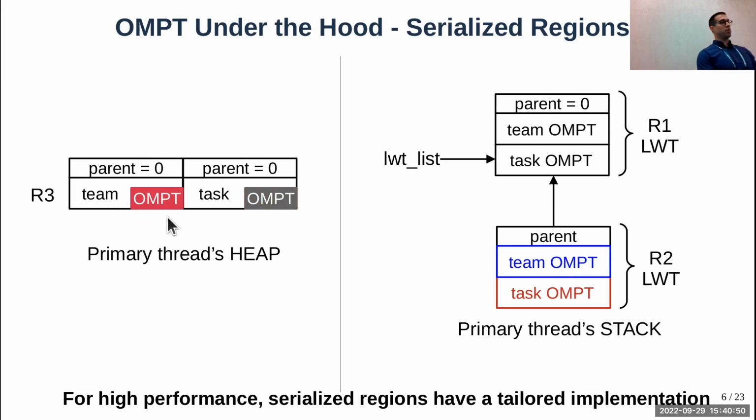And we reuse these descriptors for the region R3 because it shares the majority of information about the region itself. Only ICVs might be different. And what happens next is that we push this R2 LWT on a list of LWT descriptors. The LWT list is just a pointer to the newly created element, the head of this list.